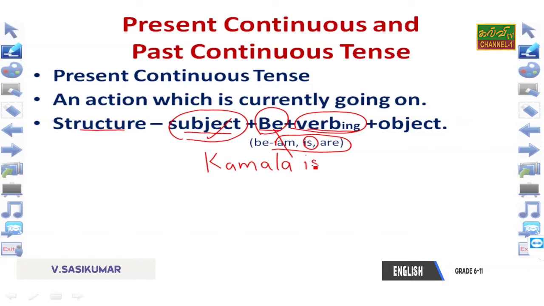Excellent. Then dear students, we have written subject Kamala and be verb, helping verb is okay, and then present tense verb plus ing form. So you can write eat, then ing. Kamala is eating. Then object we can write rice. So Kamala is eating rice. Kamala சோறு சாப்பிட்டு கொண்டிருக்கிறாள் in Tamil. That is ing form.